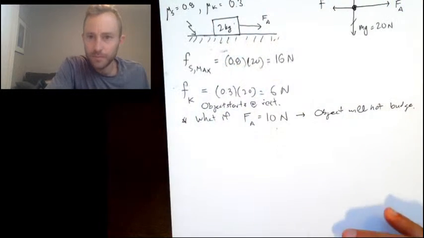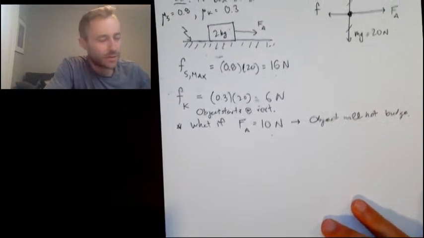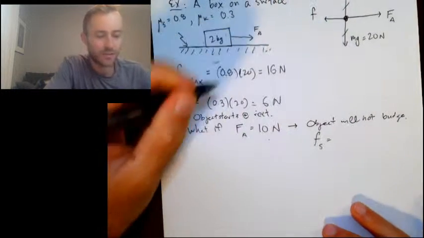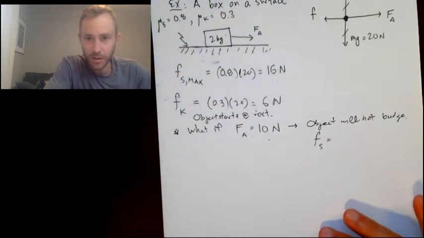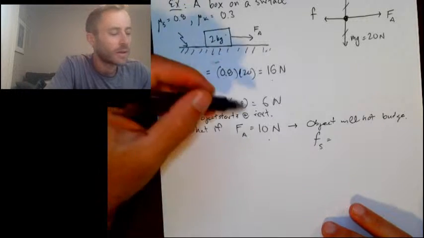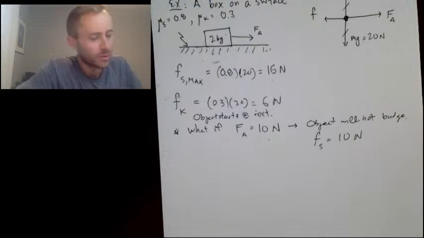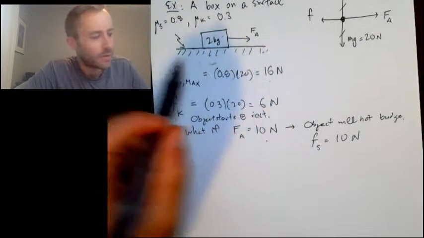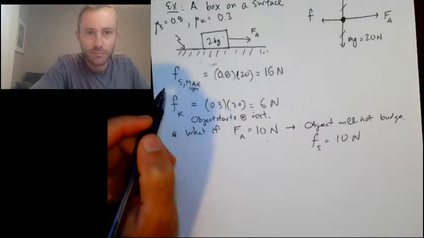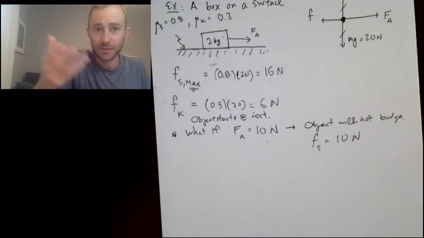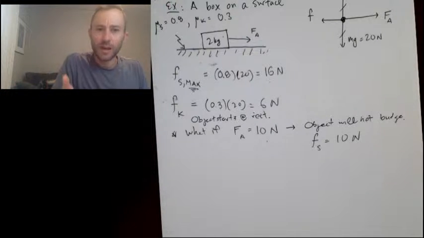It will not move. In this case we're going to have static friction, because we couldn't make the object budge. And the static friction is going to be equal to 10 newtons. Now, why is it equal to 10 newtons and not 16 newtons? This is the maximum static friction. It doesn't mean that that's what static friction actually is going to be. It's the maximum value that it can take. The way static friction works is it matches your applied force up to the maximum value.